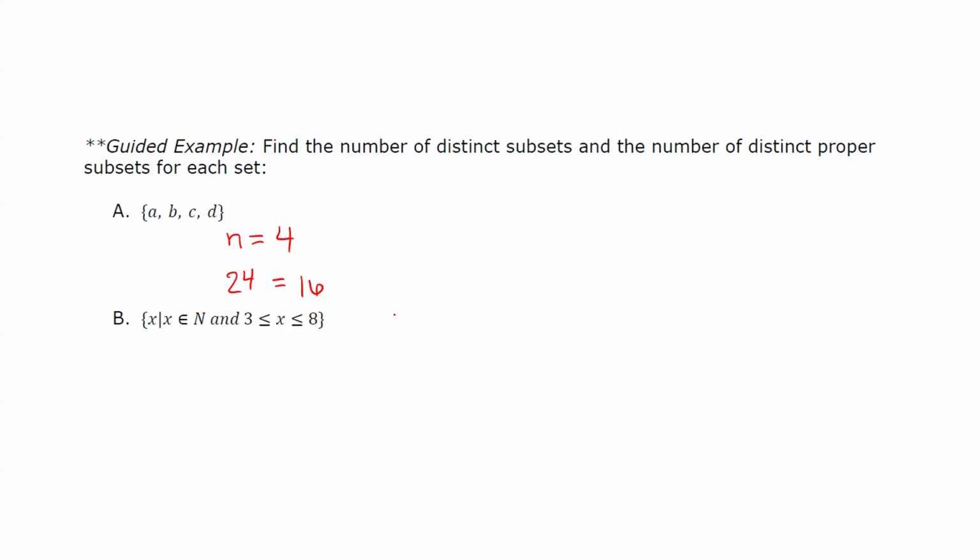Then the number of distinct proper subsets is 2 to the 4th minus 1, which is 16 minus 1, which is 15. So we have 16 subsets and 15 proper subsets.